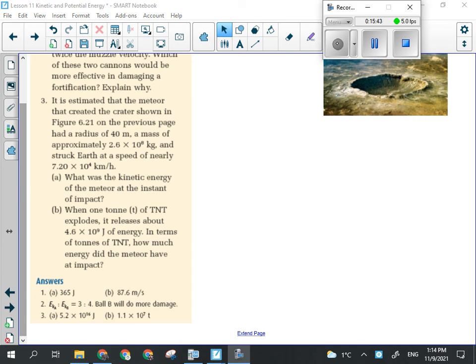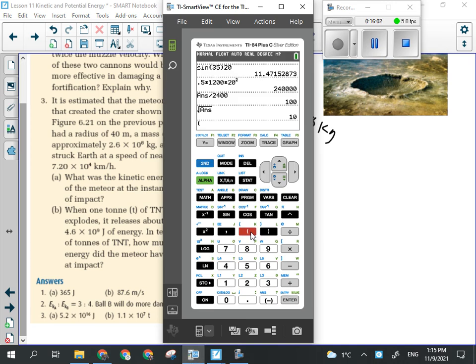So for part A of the meteor question, this is what we know. We know that the mass of the meteor is 2.6 times 10 to the 8 kilograms, and we're going to need that. We know the speed is 7.2 times 10 to the 4 kilometers per hour. So that's going to be 72,000 divided by 3.6, which is 20,000.